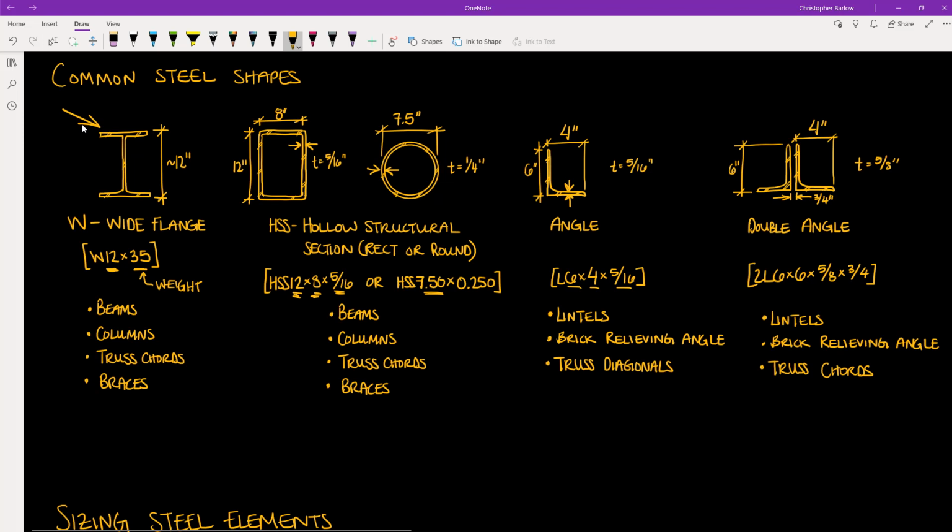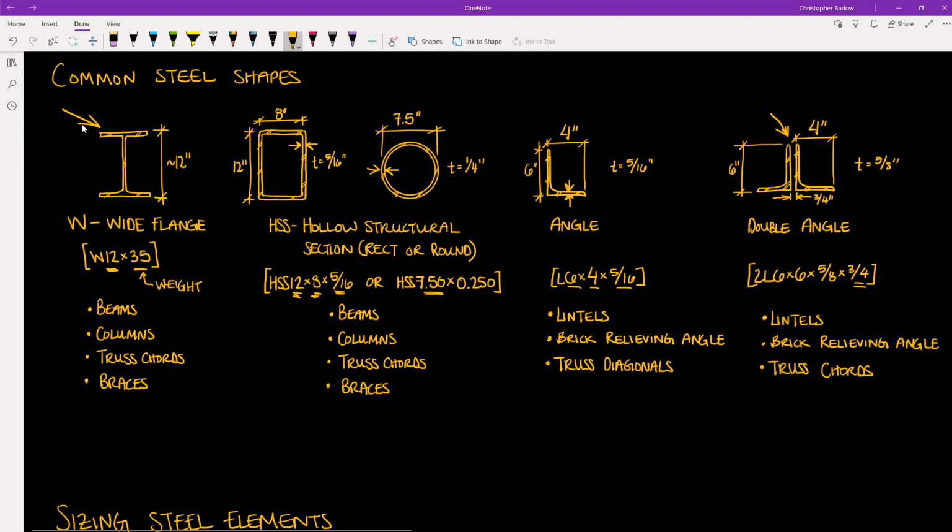And finally, we have the double angle, which is exactly the same as the single angle, except now we are giving a fourth number here, which is equal to the separation between the two angles. And double angles, just like single angles, can also be used as lintels or brick relieving angles.